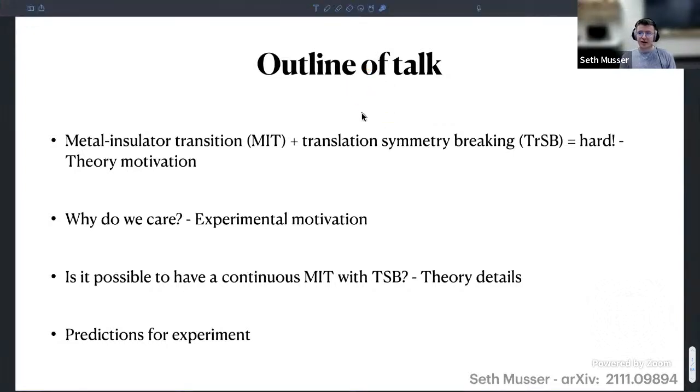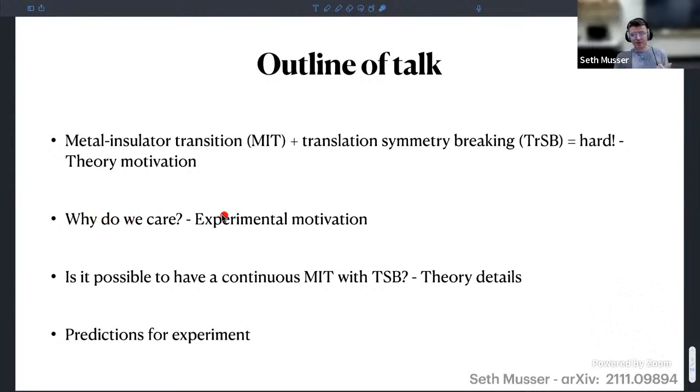To give you an idea of what I want to convey, the biggest thing I want to get across is that adding translational symmetry breaking to a metal-insulator transition is very hard, and it's likely to spoil some common metal-insulator transitions. That will provide our theoretical motivation.